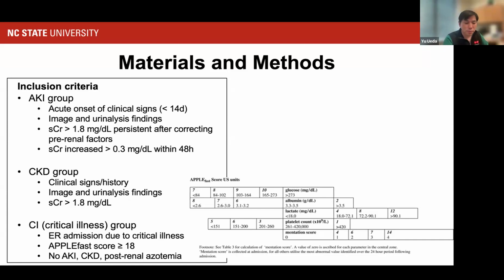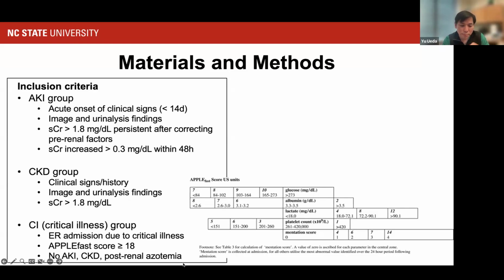The critical illness group, the CI group, is the one that was admitted through the ER due to systemic illness or critical illness. They defined critical illness based on the APPLE fast score. This APPLE fast score is determined based on 5 parameters, like you can see on the right side of this slide, including glucose, albumin, lactate, platelet count, and the mentation score.